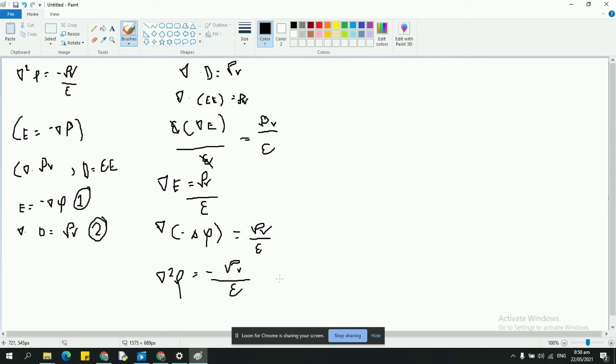So this is the general formula of Poisson's equation.